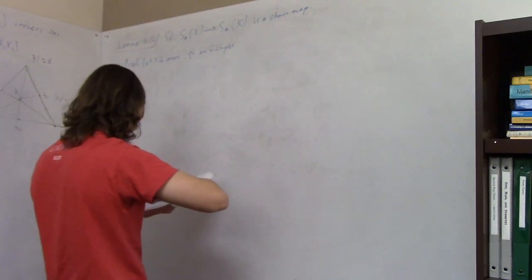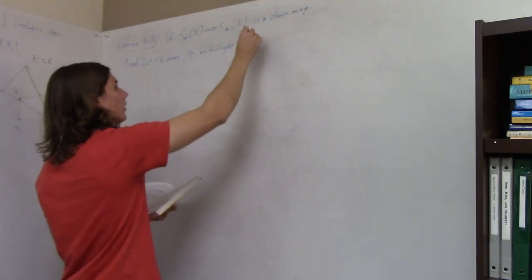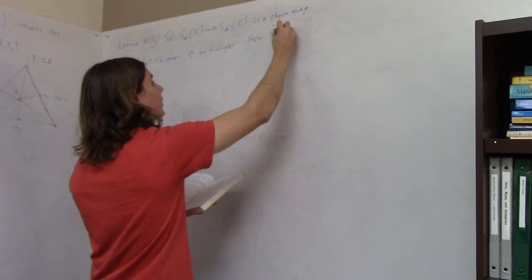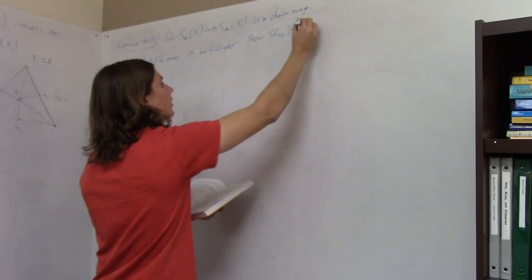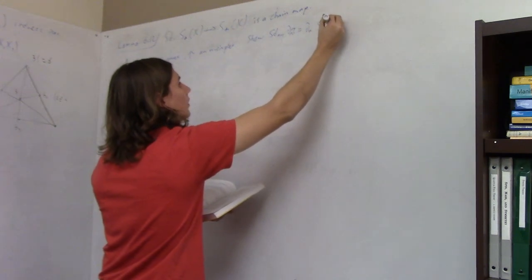Okay, so we're trying to show that SD n minus 1 of the boundary of tau is equal to the boundary of SD n of tau.